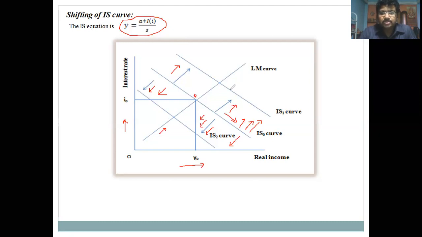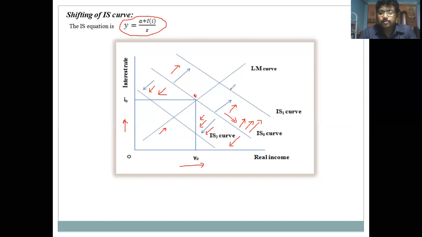So, what are the factors? If new investment is found profitable, then the IS curve will shift upwards. If autonomous saving increases, then the IS curve shifts upward. And if MPC rises and MPS falls, then the IS curve will shift upwards.